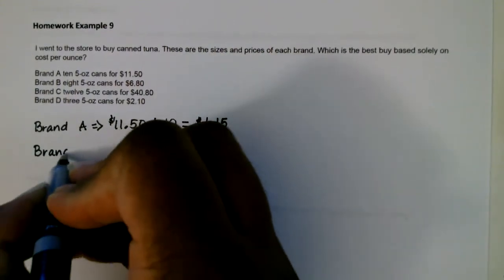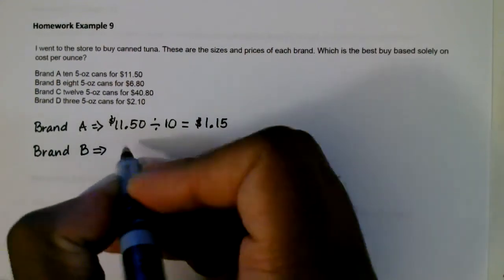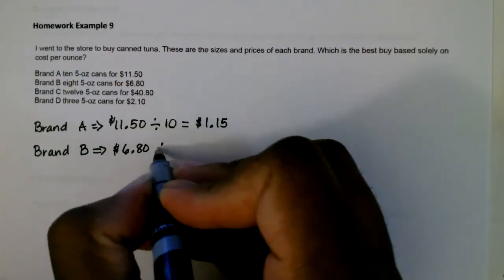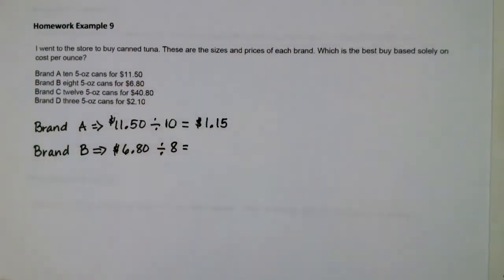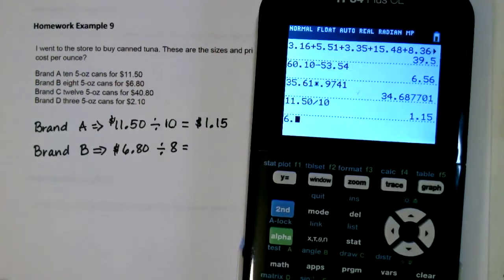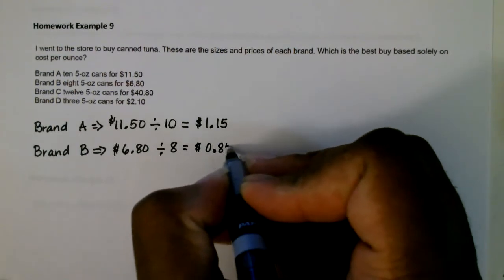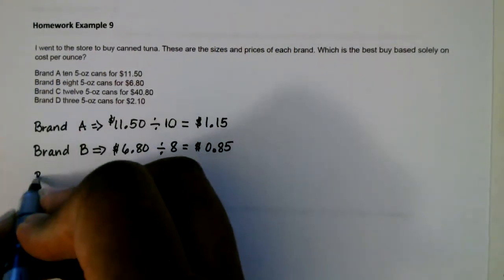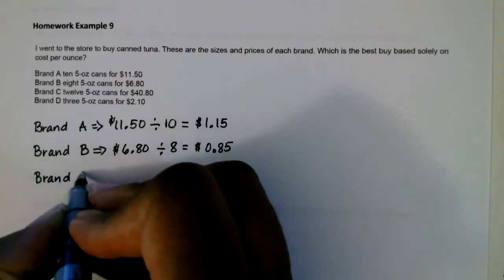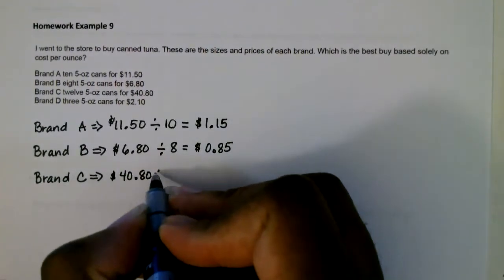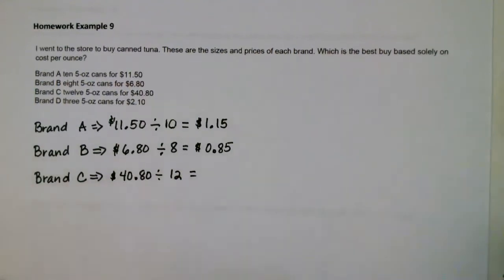And now for brand B, you have 8 5-ounce cans for $6.80. So $6.80 would be divided by 8. So 6.80 divided by 8 would be 0.85 or 85 cents per can for brand B. Now for brand C, $40.80 for 12 5-ounce cans.